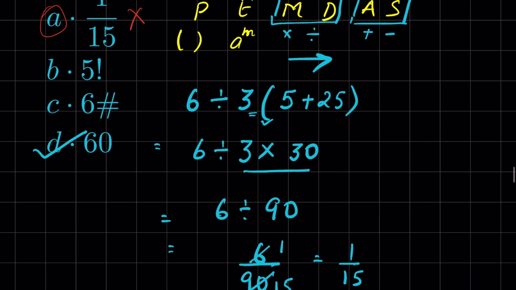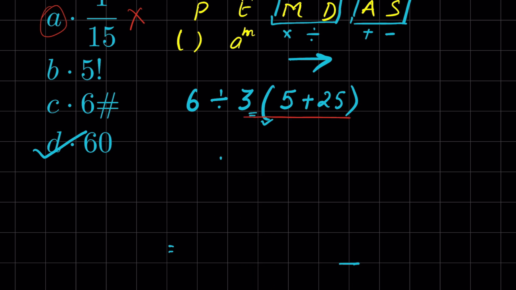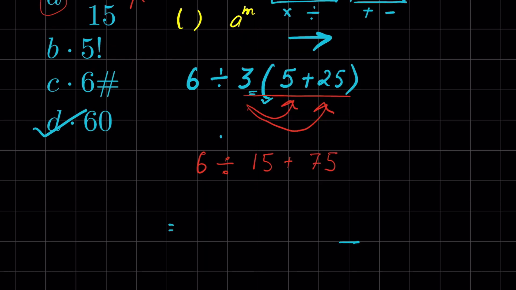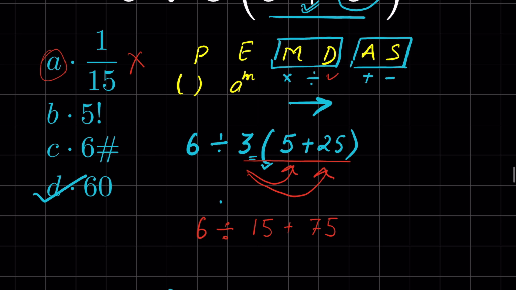Also here, for this number with the bracket, you might want to use the distributive property, where 3 is multiplied to 5 and 3 is multiplied to 25. In that case you have 6 divided by, 3 times 5 is 15, plus 3 times 25 is 75. Now we have division and addition. So as per PEMDAS, we have to do division first before addition.